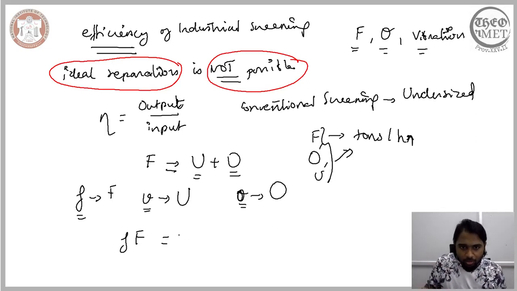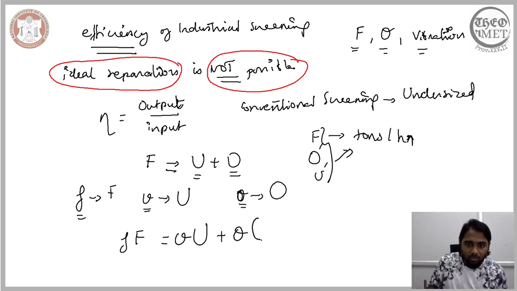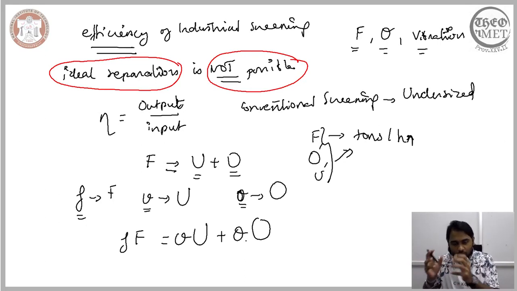The combination of the fraction of the undersized particles along with the undersized feed will give you the amount of undersized particles that are collected, and the combination of the fraction of the oversized particle along with the amount of oversized particles collected will give you the amount of the undersized particles that are unfortunately, or undesiredly, gathered along with the oversized particles.